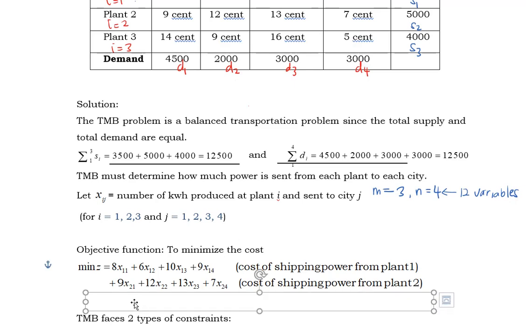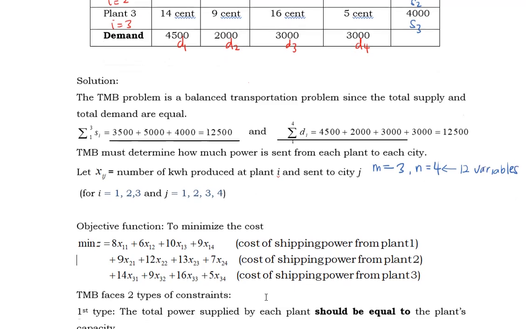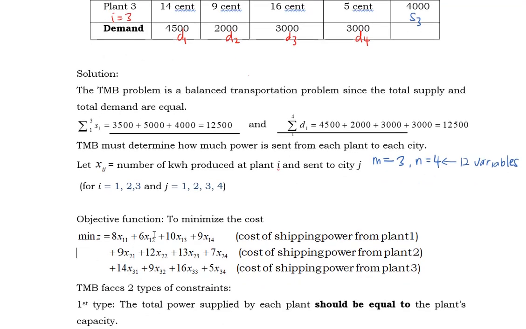And for plant 3, we have 14x31 plus 9x32 plus 16x33 plus 5x34. So this is the objective function of the problem. TMB faces two types of constraints.